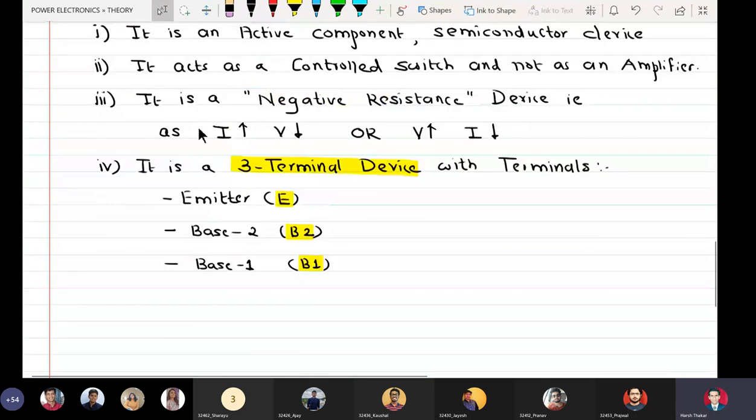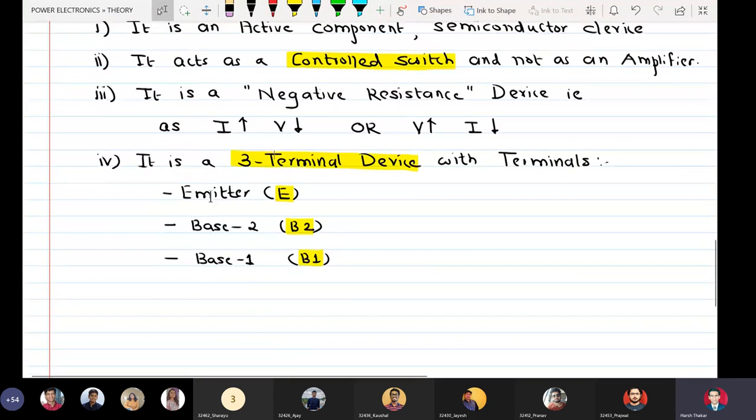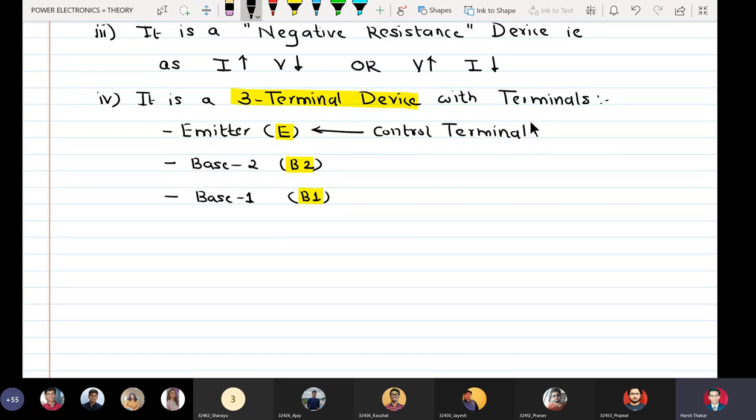Okay, and as we said that it acts as a controlled switch. That means there will be some control terminal, and some threshold voltage will be associated. So the emitter of a UJT is actually the control terminal, just like we have the base B for a BJT in common emitter configuration, and we have the gate G for both SCR as well as a MOSFET.